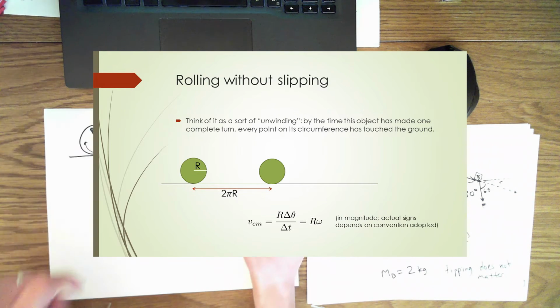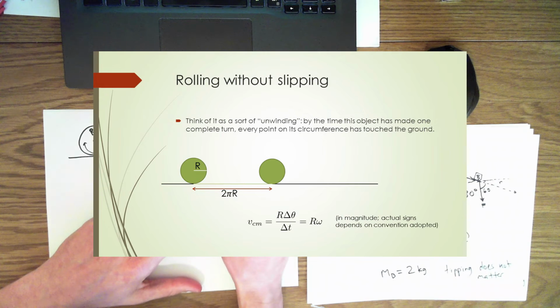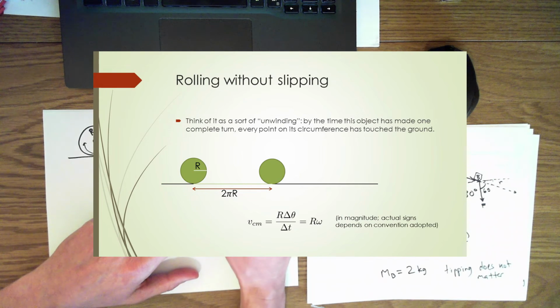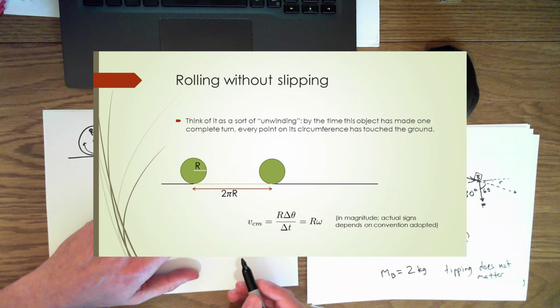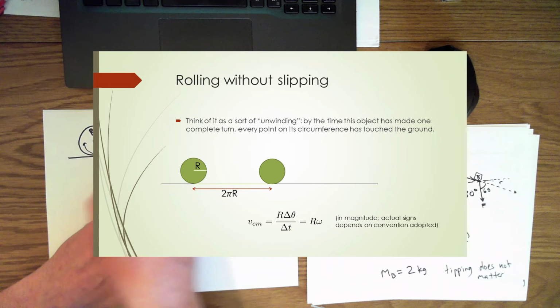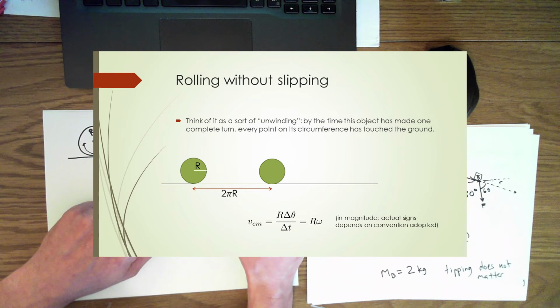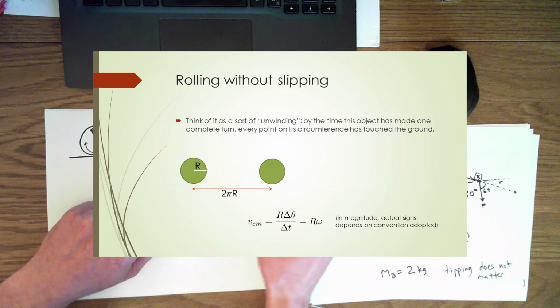And maybe before I move on too much here, you can take this expression and take a time derivative, and you get that the center of mass acceleration, so how fast the center of mass is accelerating to the right, would be r times the rate of change of omega, and that is what we call alpha, the angular acceleration, right?